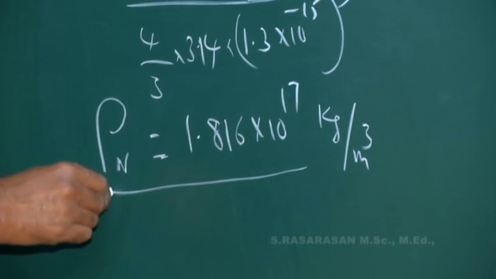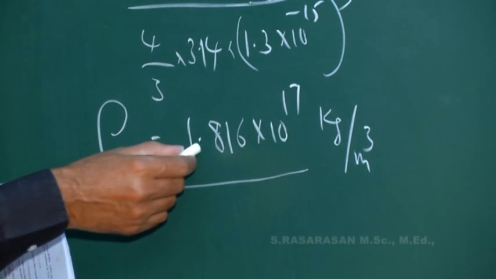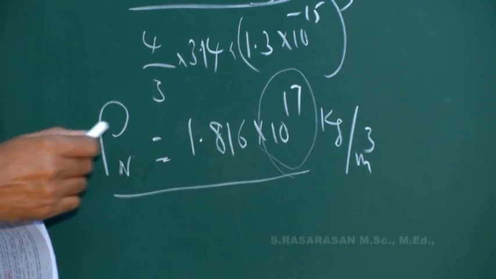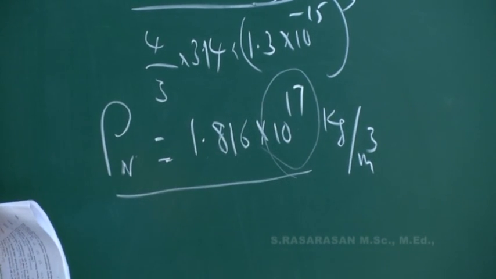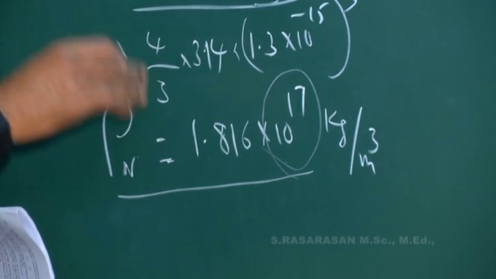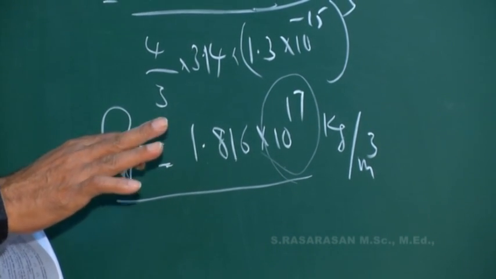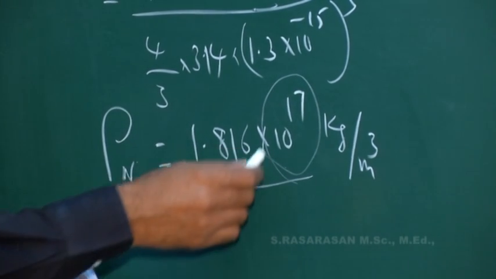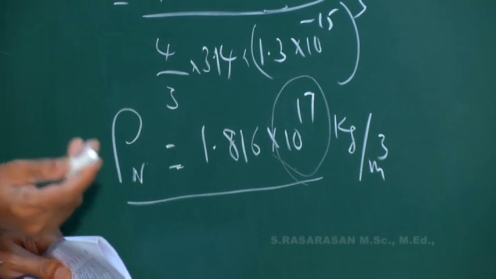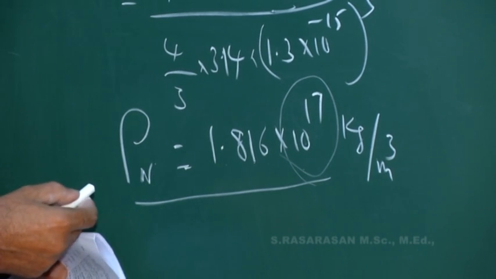So what is the density of the nucleus or nuclear density? 1.816 × 10^17. 10 to the power 17 is the highest order. So density 10 power 17 வருது நியூக்ளியஸுக்கு மட்டும்தான். For any other material, the density is not up to this value. For water the density is 1000 kilogram per meter cube, just 10^3.